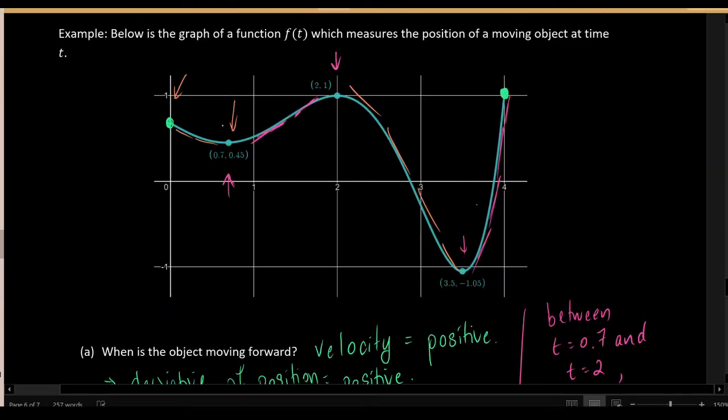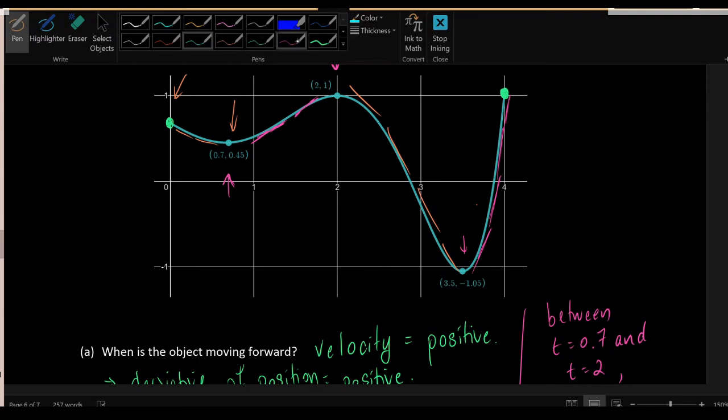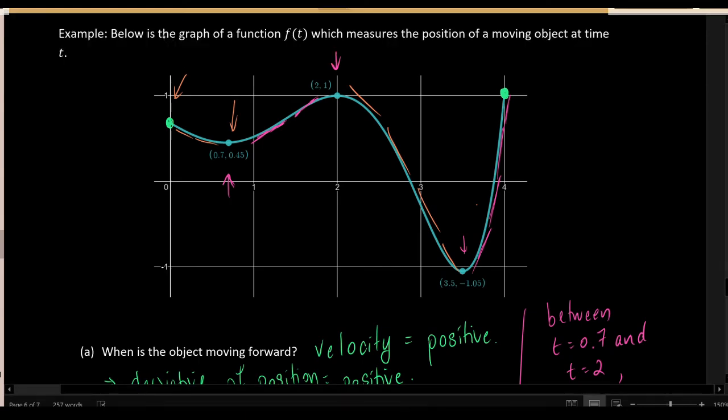Let's look at the points that occur at the bottom of these valleys and at the top of these hills. At the bottom of the valleys and at the top of the hills, the graph flattens out. And at those locations, the tangent line to the function is horizontal.